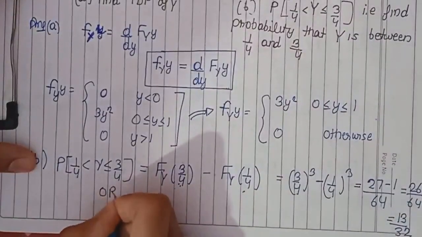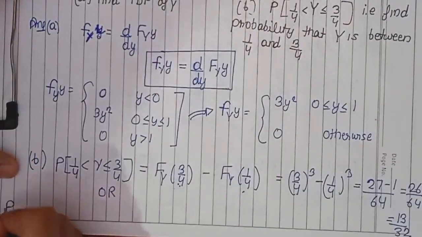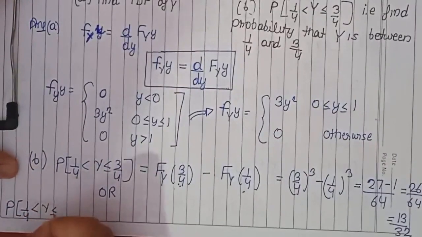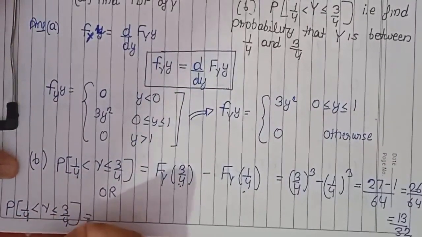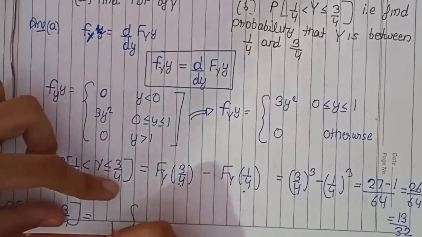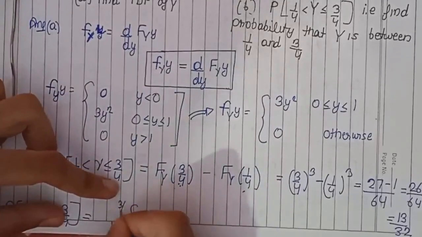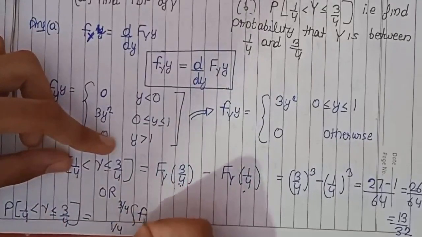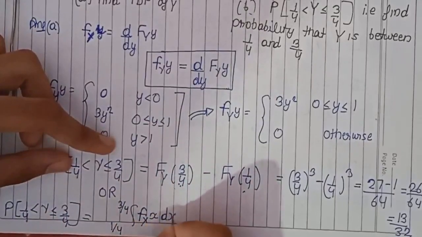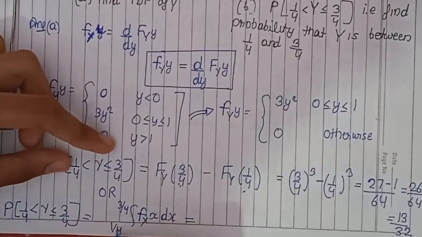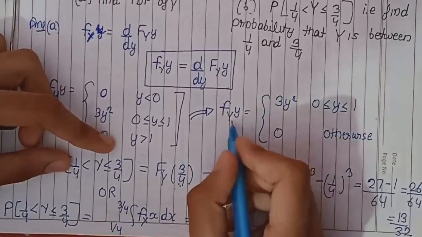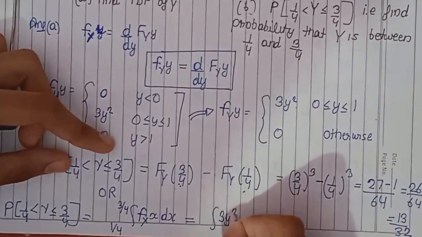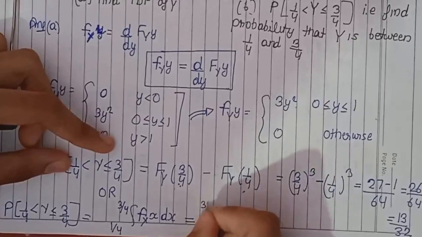Or the other way to calculate this is using the PDF. The probability that the random variable y lies between 1 by 4 and 3 by 4 is the integration of the PDF values from 1 by 4 to 3 by 4. Now for the range 1 by 4 to 3 by 4, the PDF value is 3y square, so we will integrate 3y square from 1 by 4 to 3 by 4.